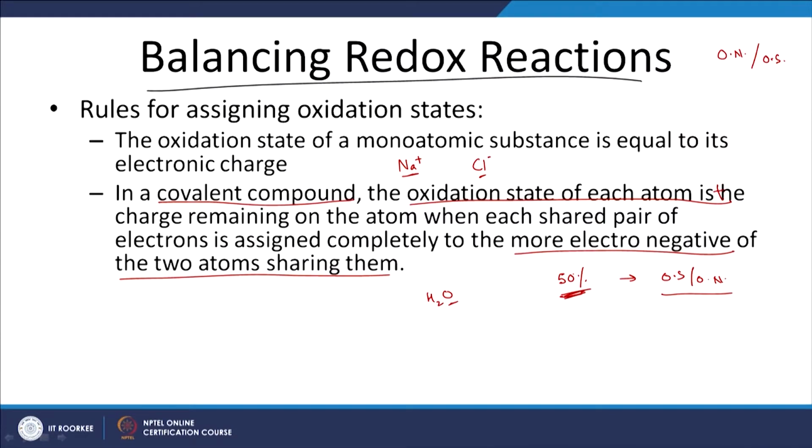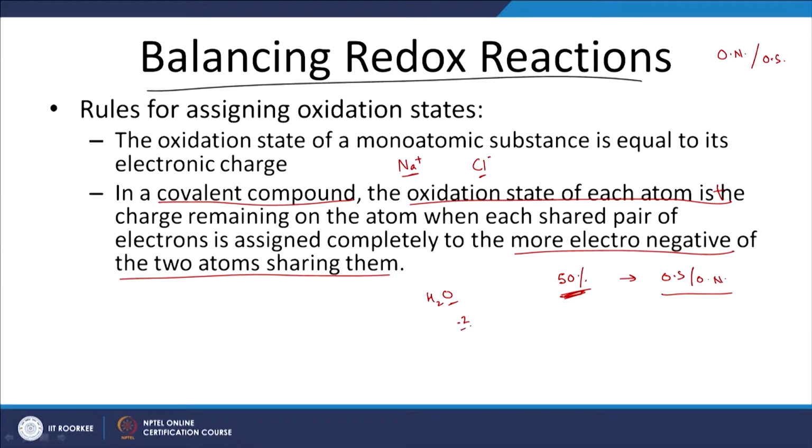It has more than 50% share of both the electrons that it is sharing with the hydrogen. So looking at the hypothetical dissociation, oxygen will have an oxidation number of -2 in this case. And H, because it's losing its share of the electron to the oxygen, will have +1, and oxygen will have -2.